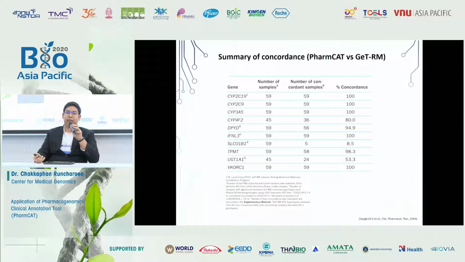You can see that the percent concordance between these platforms is high. It's quite high in the CYP2 genes, IFNL3 and TPMT genes. And the percentage is quite low in SLCO1B1 and UGT1A1.